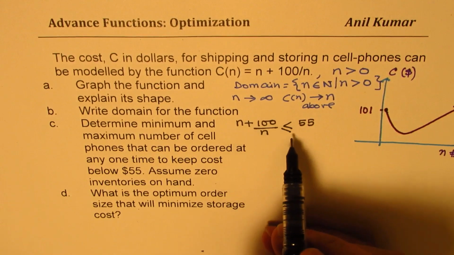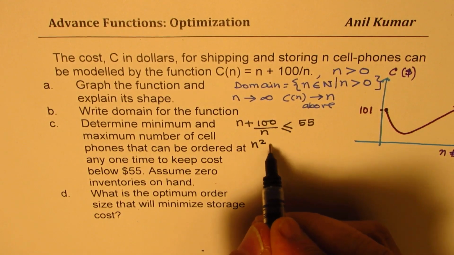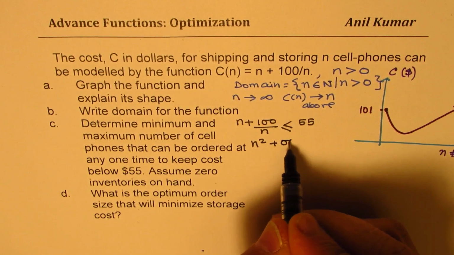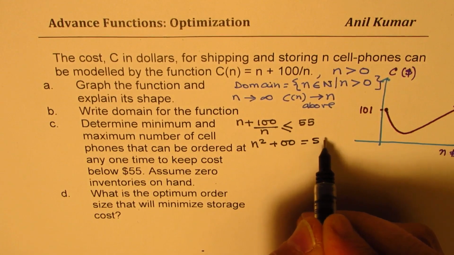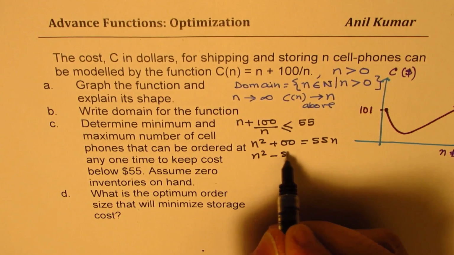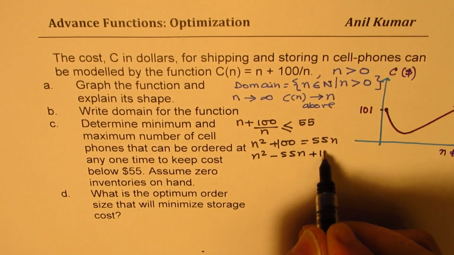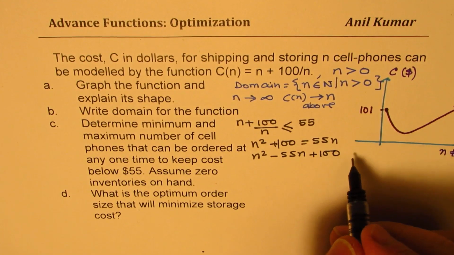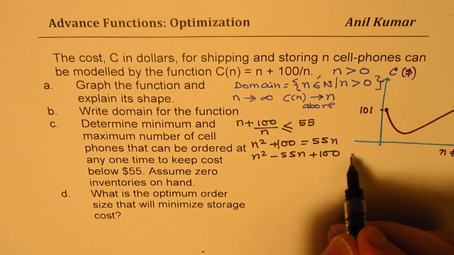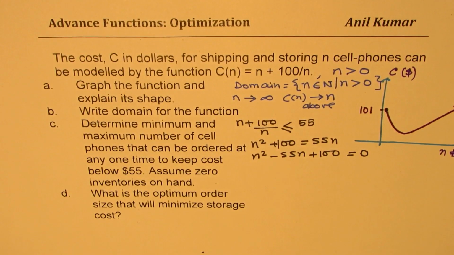You can solve this as an equation. So we get n squared plus 100 equals 55n. Bringing them all together, n squared minus 55n plus 100, let's say equals 0. Let's solve this.